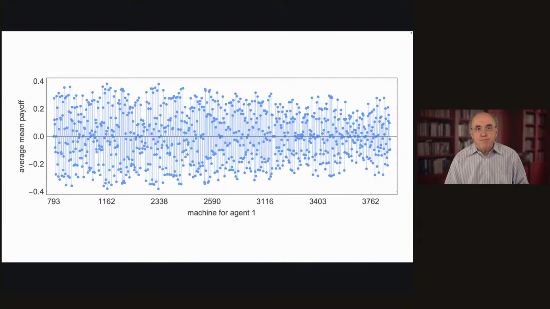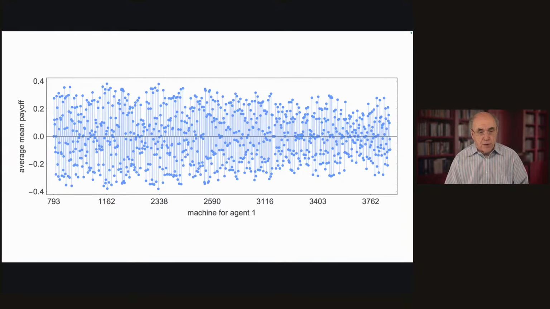So this is playing each specified machine against all other possible machines, and this is showing the average mean payoff in doing that.